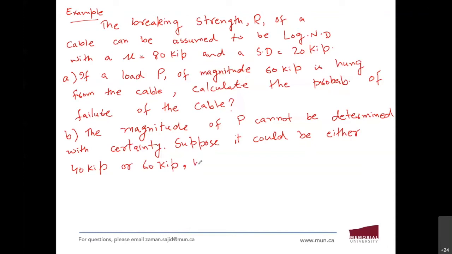Having the probabilities of if it is 40, the probability you get is 0.3, and if it is 60, you get the probability of 0.7. Okay.